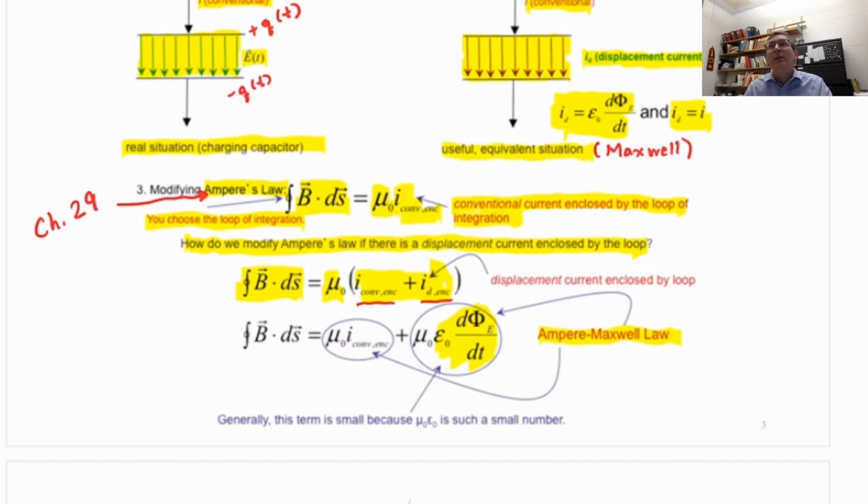Well, it's interesting. It turns out this new piece that Maxwell added is in almost all situations extremely small. After all, look at this expression I just mentioned for the displacement current, epsilon 0 times d phi_E dt.